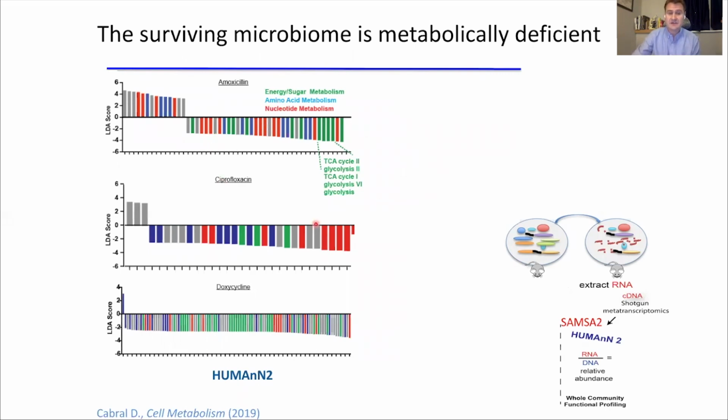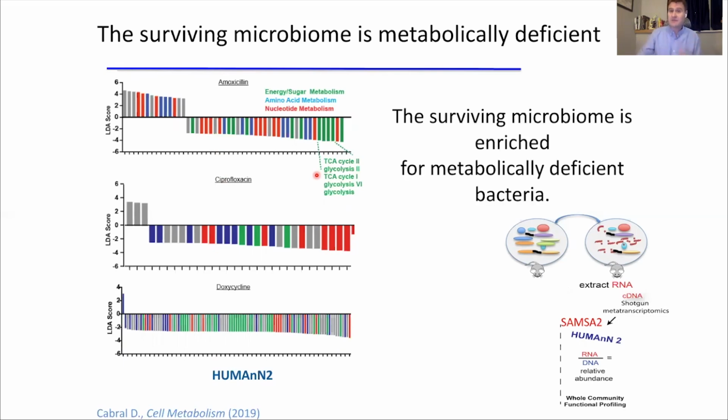And specifically, things responsible for really rapid energy generation, parts of the TCA cycle and glycolysis were very much knocked down in these mice. So it appears that the surviving microbiome seems to be less metabolically efficient than the non-treated microbiome. And this aligns with the overall hypothesis that if you're metabolically deficient, you're more likely to survive exposure.